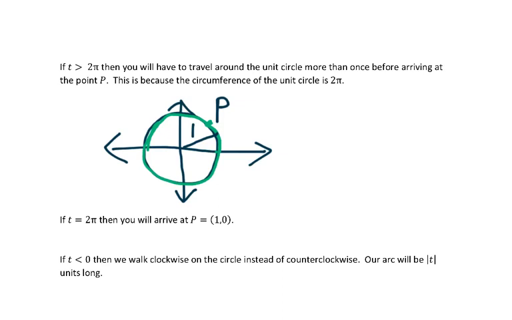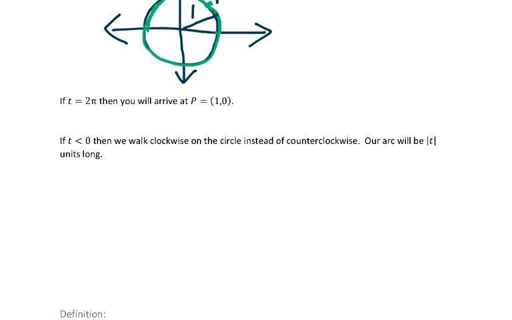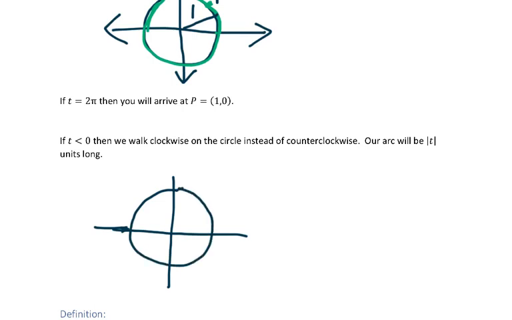Now, if T is negative, the only difference here is that you're going to walk clockwise. So let me draw this circle again. Okay, so again, we have the unit circle. If T happens to be negative, you start at the same point. The only difference now is that you're going to travel clockwise like this.